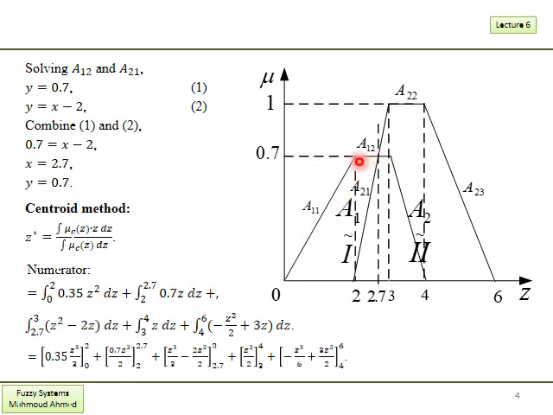The limits of the integration are from 2 to 2.7, plus this part here, which has the equation z minus 2, and the integration limits are from 2.7 to 3.